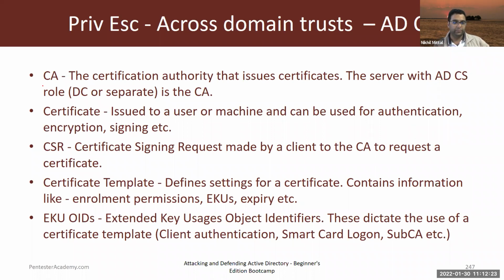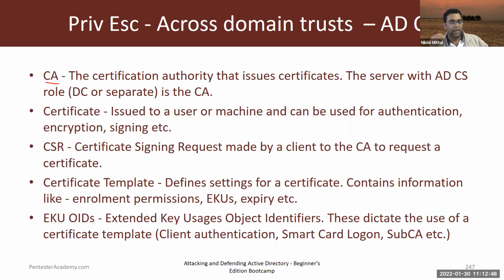Some of the terms or components that you may like to get familiar with are: one is CA, the certification authority. When you set up ADCS, there is an internal CA set up in your environment. This CA issues certificates for you. The server with the ADCS role is the CA. It could be a separate server or the DC.